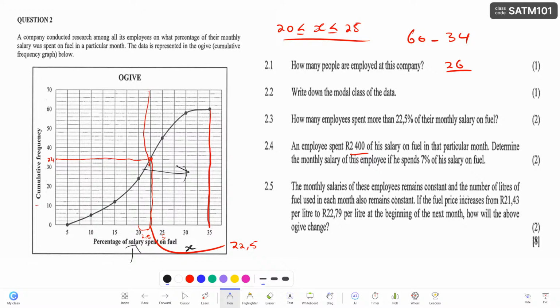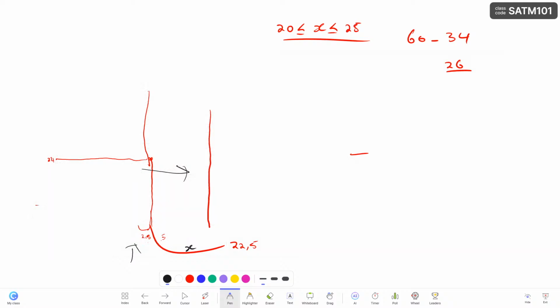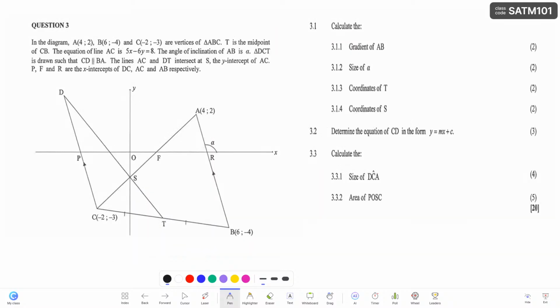So okay, let's go to question 3. Question 3 is analytical geometry. Here they said in the diagram A is (4, 2), B is (6, -4), C is (-2, -3), the vertices of triangle ABC. T is the midpoint of CB.